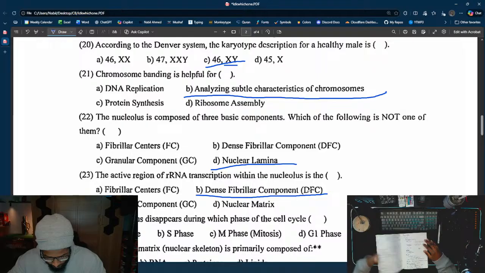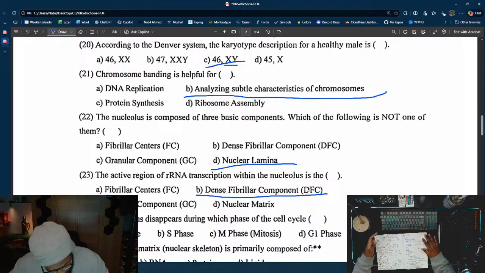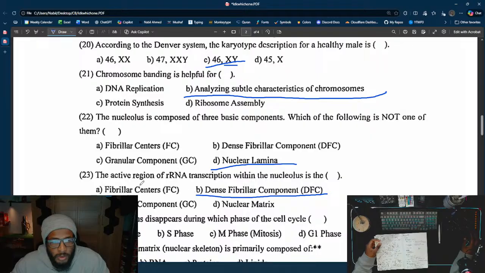Pretty sure it is. Yeah, it's the dense fibrillar component. Active close to the border of the FC. Okay.